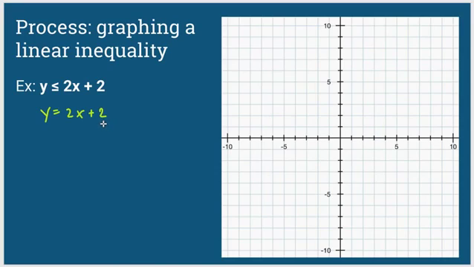Because this is in slope-intercept form, I can see that the 2 at the end here is the y-intercept. And I know that when I go to mark this on my graph, that's where I start. So I'm going to mark a point at 2 on the y-axis. Then I can also see that the number in front of the x is 2. That should be the slope. I'm going to think of it as 2 over 1.